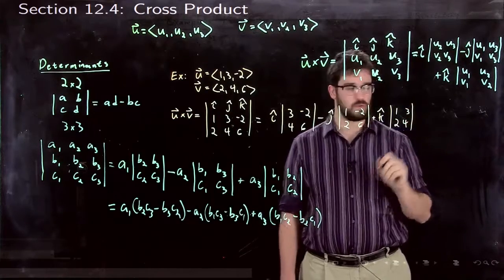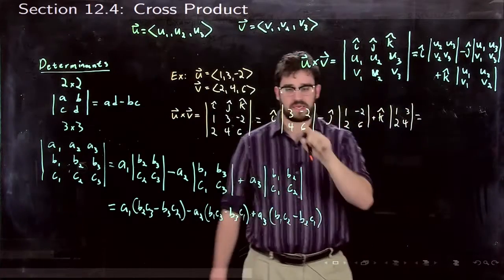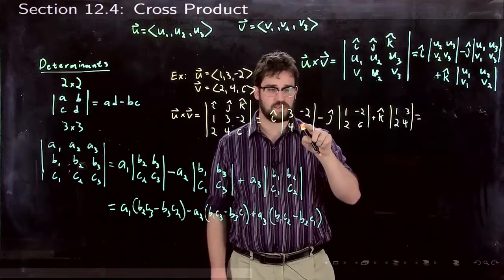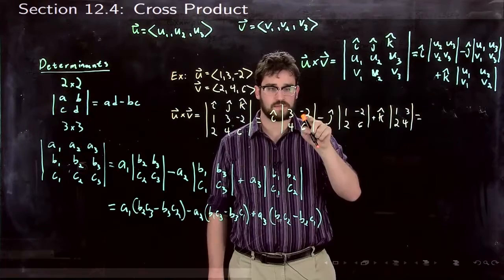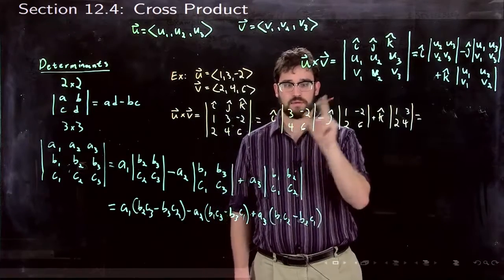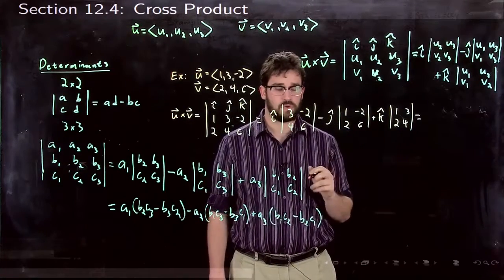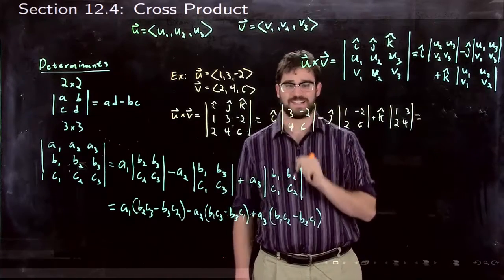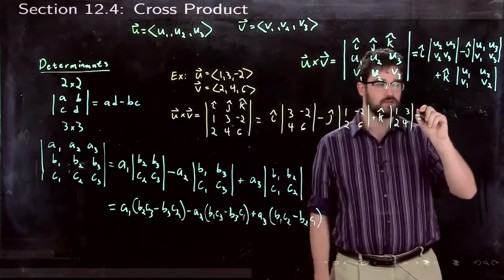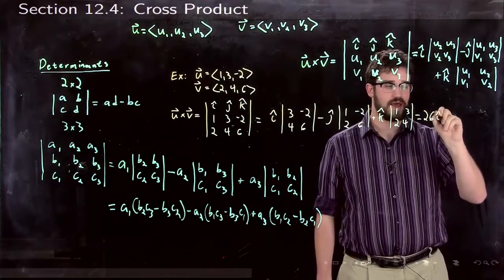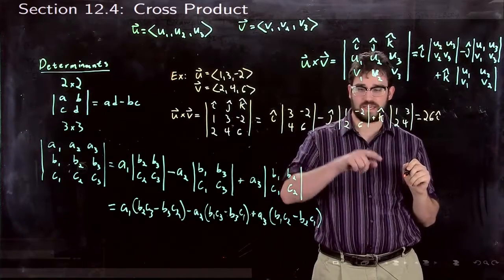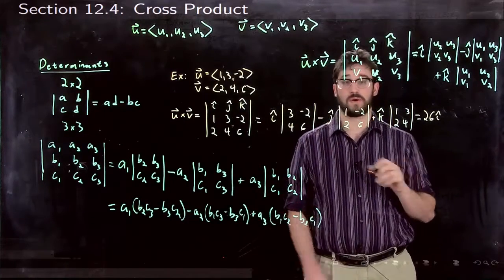All right, so what do we do here? We calculate each determinant using AD minus BC. We have 18 minus 8, which is 26. So we get 26 i hat, minus j hat times the determinant of this, which is 6 minus negative 4, or 10.